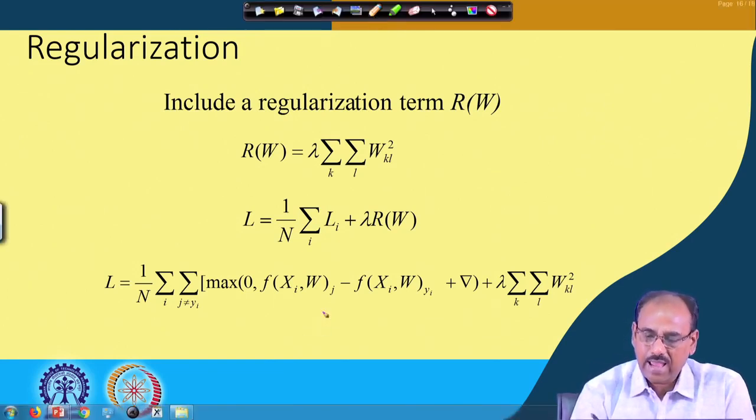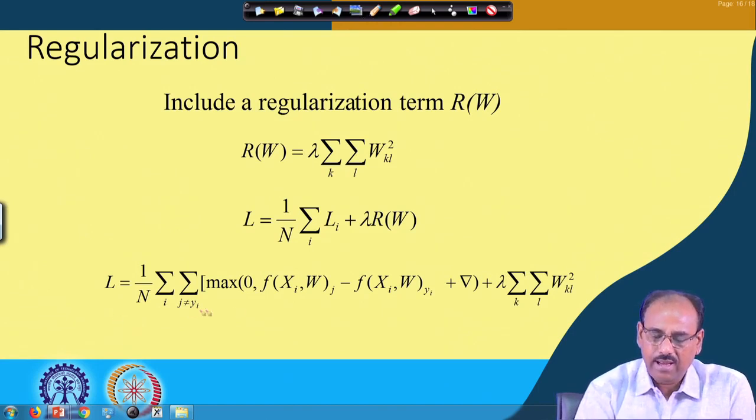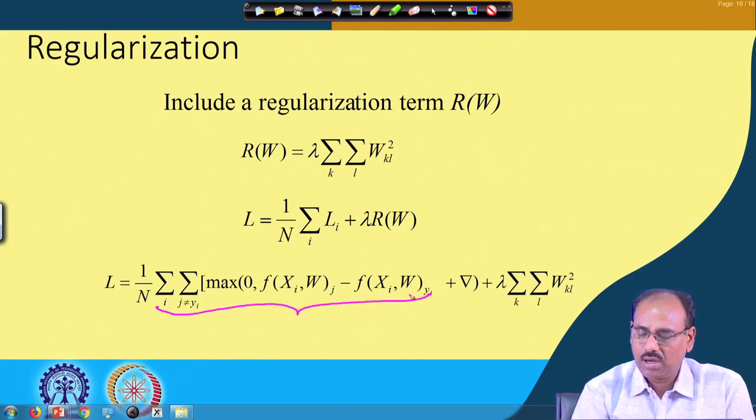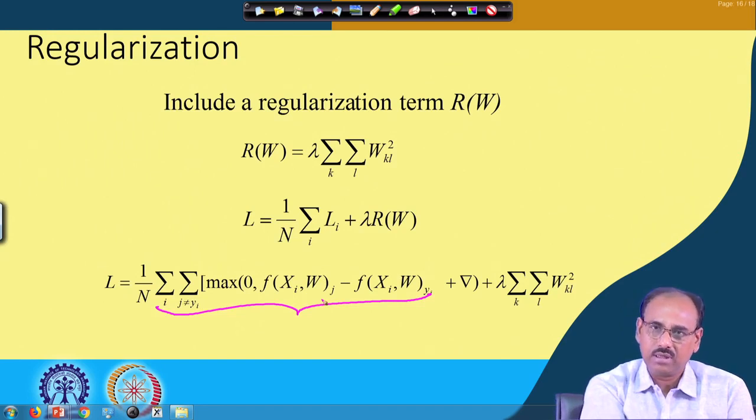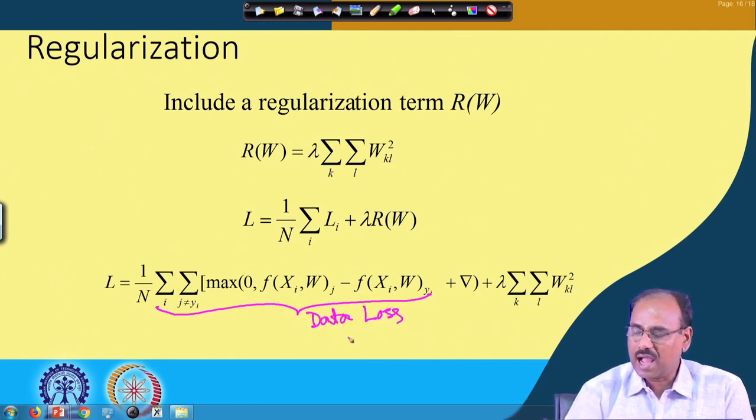So, you modify your cost function as L equal to this, which was the function corresponding to your hinge loss. The hinge loss depends upon the data along with the parameters of the linear machine, so this component is called data loss. I also impose a regularization term, the L2 norm of my weight matrix, which is delta times the sum of W_kl squared, where W_kl is the klth element of the weight matrix.